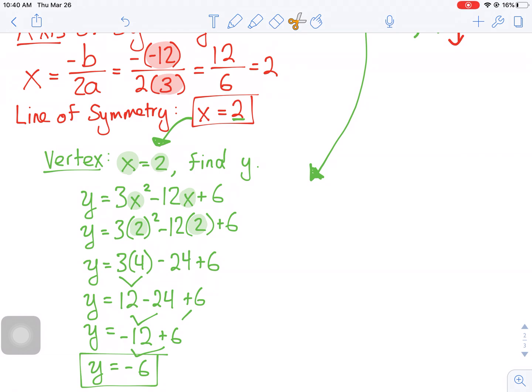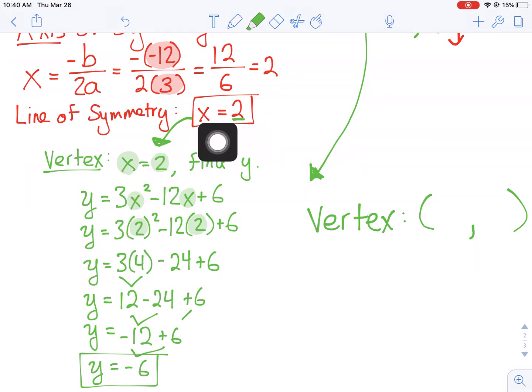So our final vertex is x equals 2, which you can see me pointing to right now. And y equals 6. I mean negative 6. y equals negative 6. So negative 6 goes into our vertex.